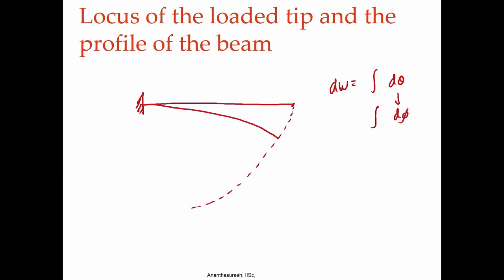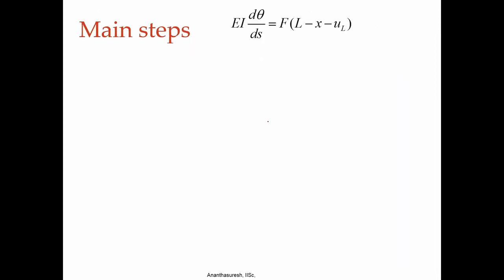So, we did this from 0 to L completely, but if you do it partially, then you will get that displacement if you change the limit from pi by 2 to something less than pi by 2. Then you will get this transverse displacement everywhere. Similarly, you can do that for du also. So, you will know this value at different points. So, you can get the entire beam, different things that I leave as an exercise for you to do.